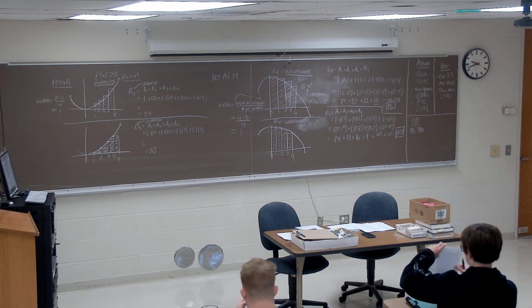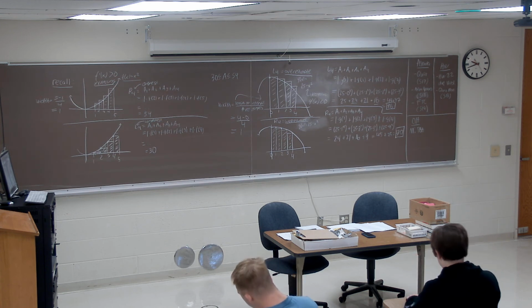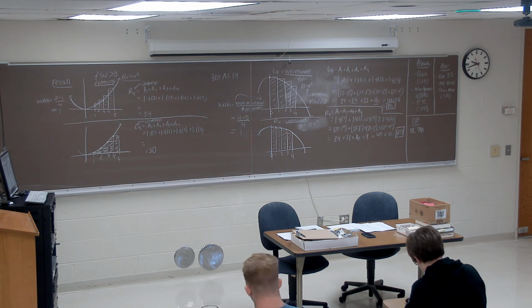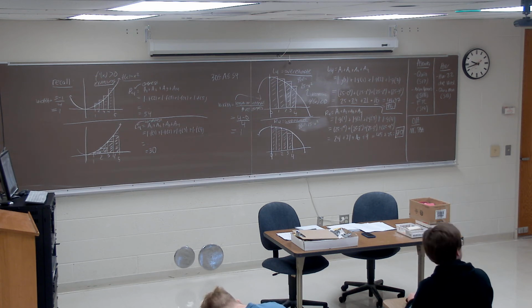But in general, we can say that Rn is always going to be an overestimate if f prime of x is greater than 0 on the interval, and an underestimate if f prime of x is negative on our interval.